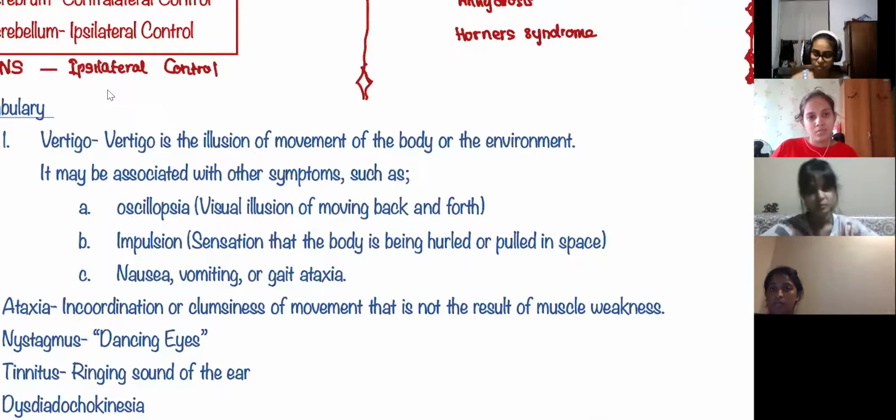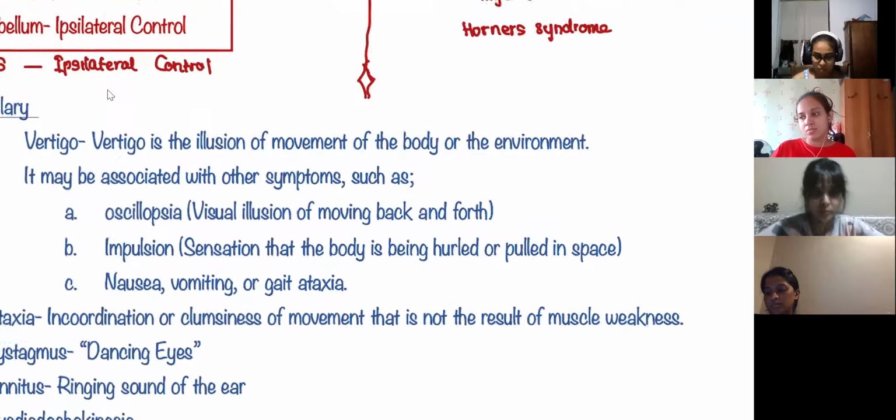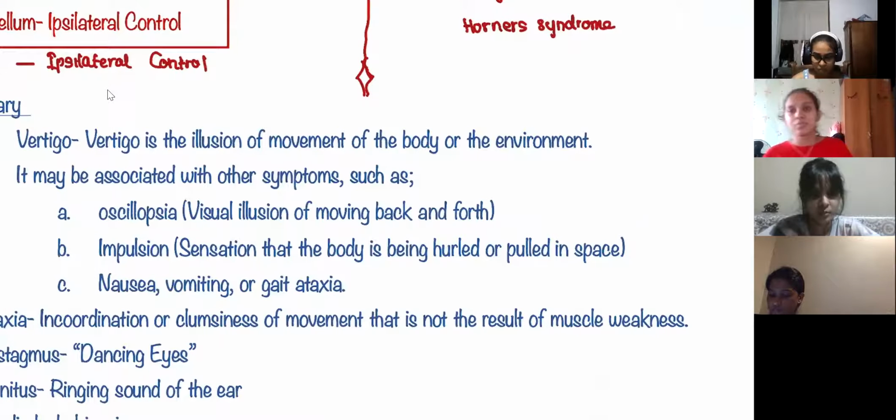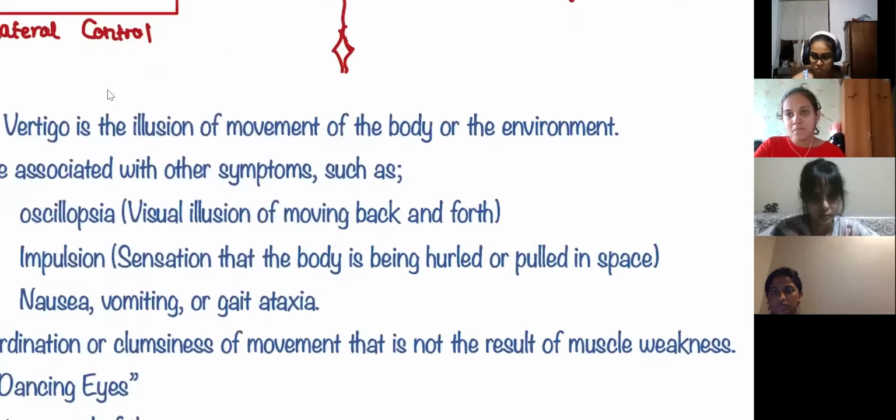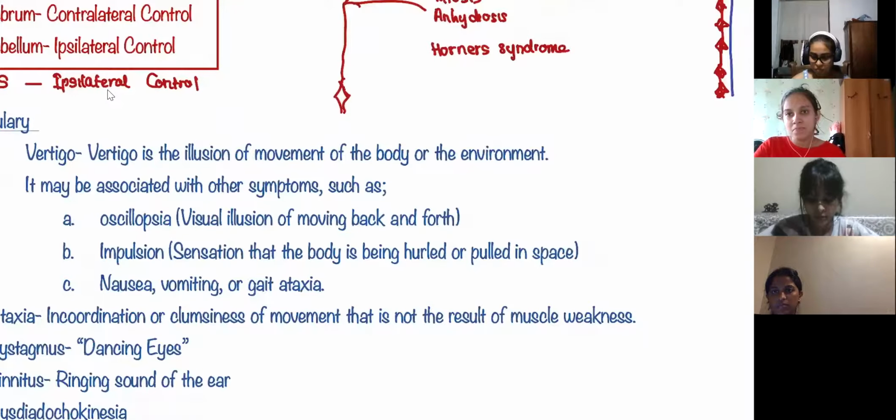That means you feel like your body is moving. It feels like being dizzy, but the causes of this are entirely different. It's the same feeling as dizziness, but the causes are different, because you get nausea, vomiting, or gait ataxia.